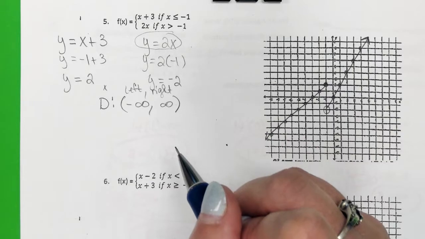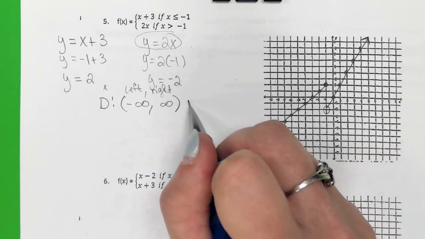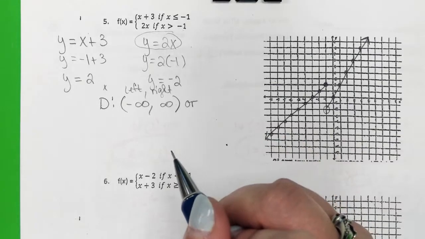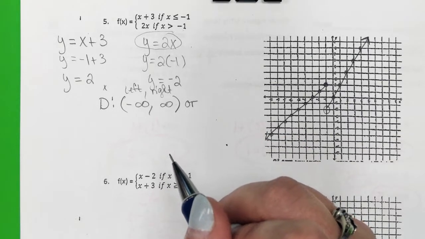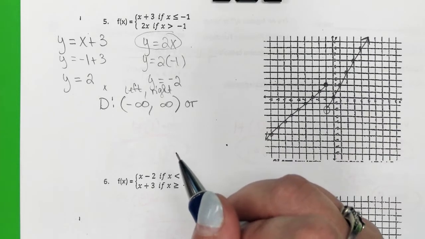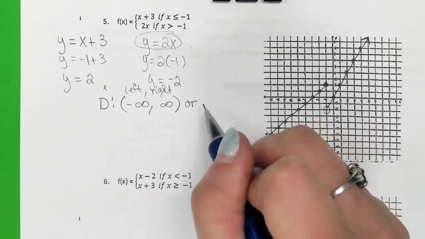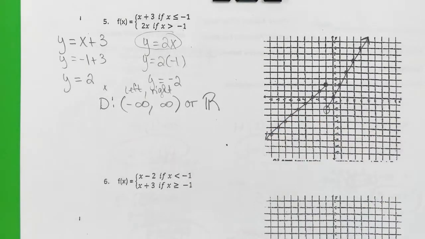And what was the other thing that we could say instead of going -infinity to positive infinity? What is that called? All real numbers. Do you remember what the symbol was for all real numbers from way back at the very beginning of the very first day of school? Look at you go. Very nice. So guys, if you don't want to write negative infinity to positive infinity, you can just write all real numbers and you're done.